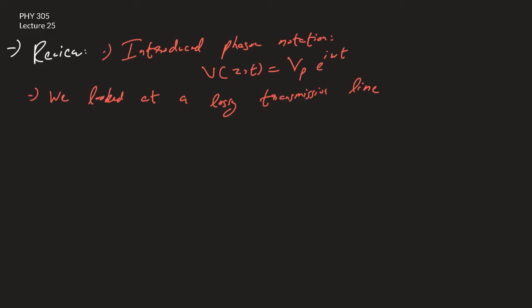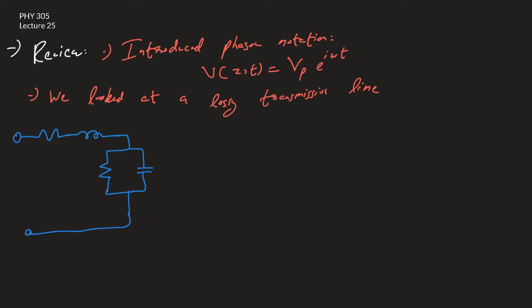So our model for a lossy transmission line was the following. Let's say these are some terminals, and we have a resistor per unit length, we have an inductor, then we had a node, we had a transconductance, we had a parallel capacitance, and this was connected to the second terminal.